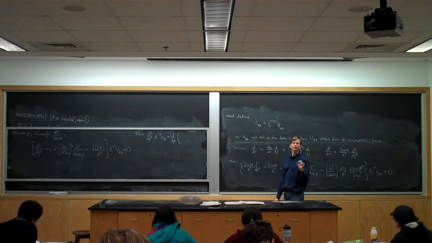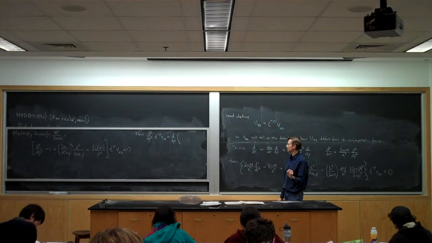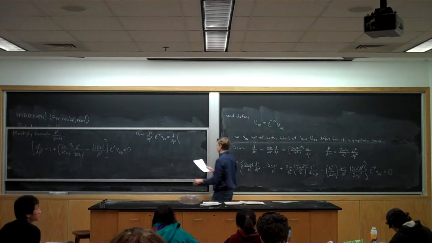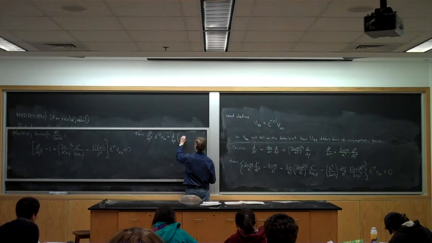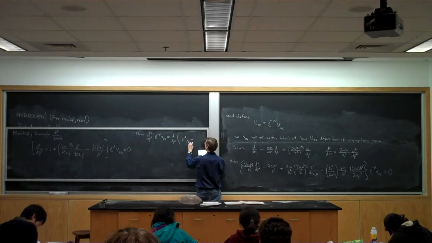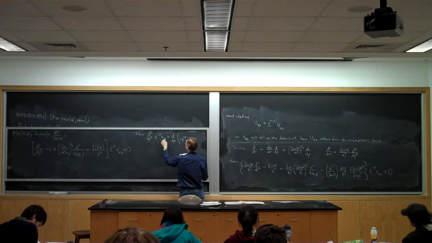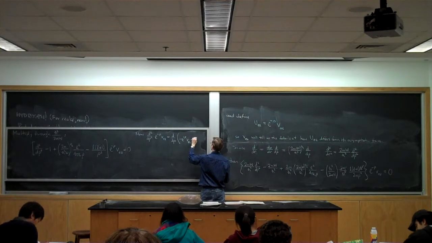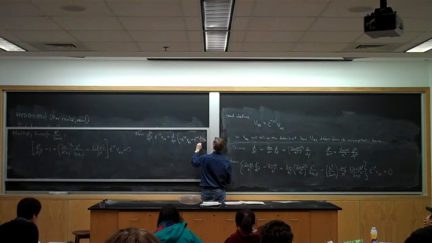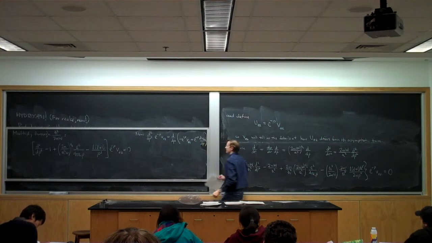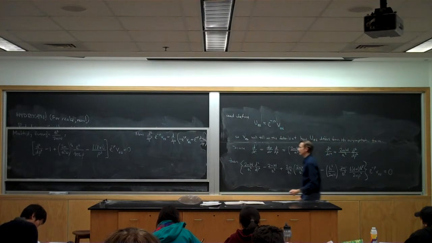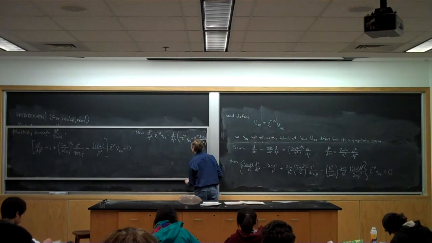Just minus 1, because the derivative with respect to rho of e to the minus rho is minus e to the minus rho, right? So this will be minus e to the minus rho V_EL plus, and then we'll have e to the minus rho times the derivative of V_EL.